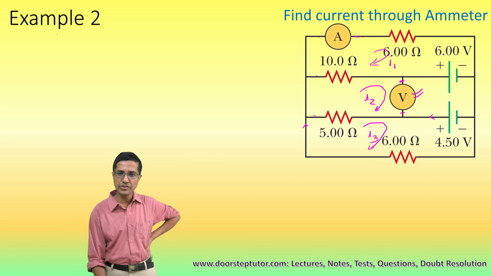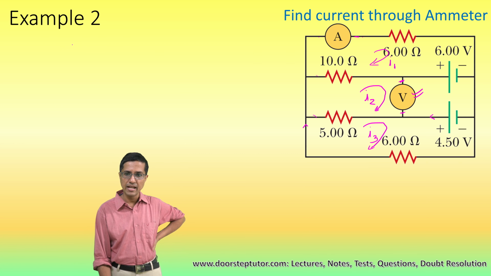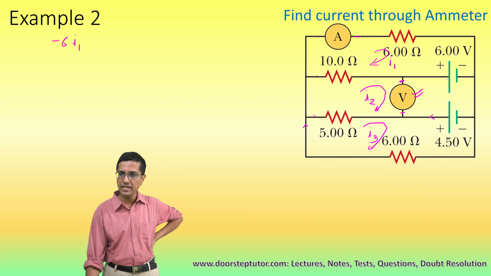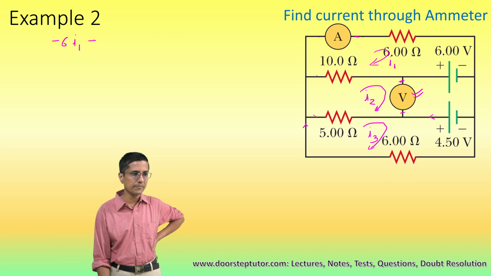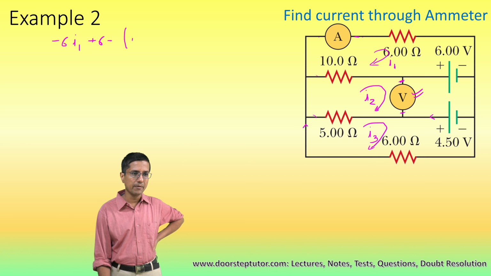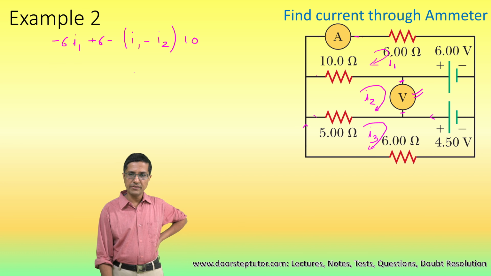The first thing we do is write it for I1, and what do I get? I get minus 6 I1. I can simply write everything as a drop, and then from here it is minus 2 plus 6, and again this will be a drop. I can simply write it provided I choose the direction of I1 to be the dominant one, and then this becomes into 10.